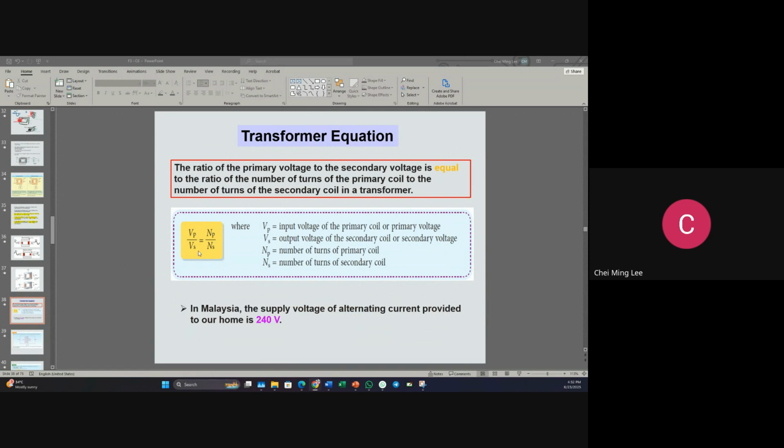So this is the formula: the primary voltage divided by the secondary voltage equals the primary coil turns divided by the secondary coil turns. So this is the equation. And in Malaysia, the supply voltage of alternating current is normally 240 volts.